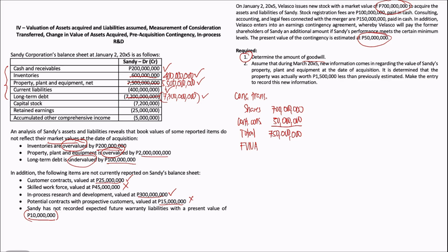Plus customer contracts, $25 million. Plus in-process R&D, $300 million. And lastly, minus expected future warranty liabilities, $10 million. The fair value net assets is negative $1,285 million.